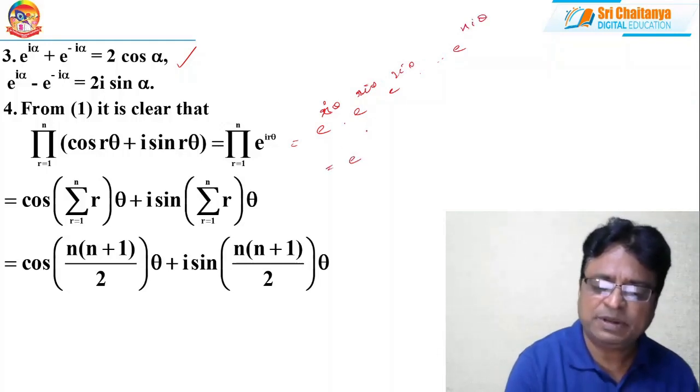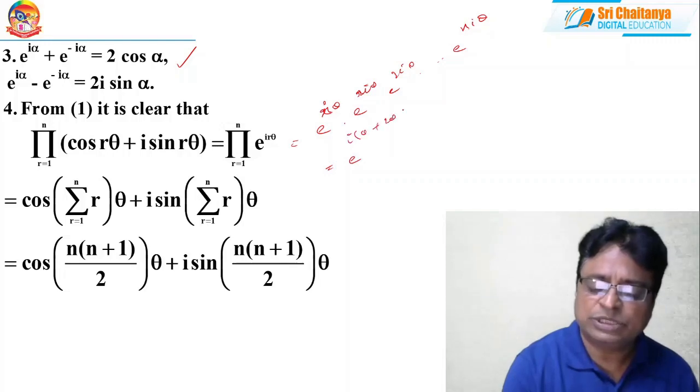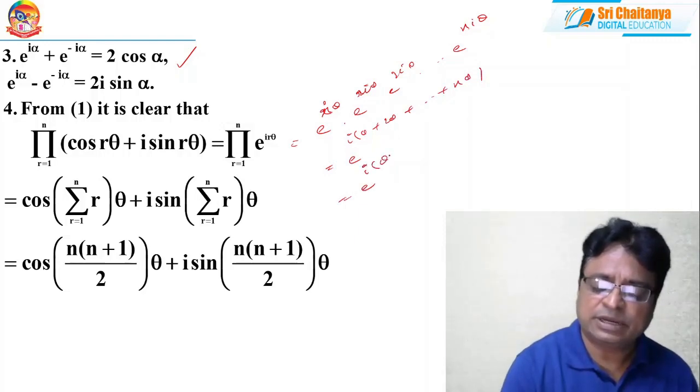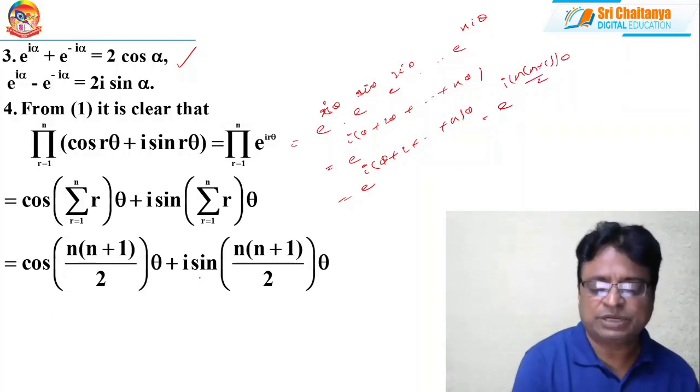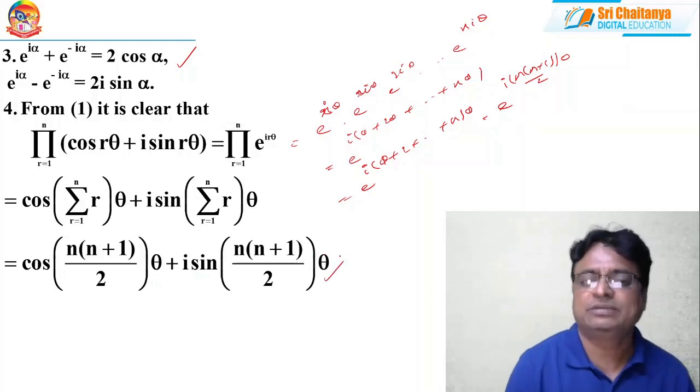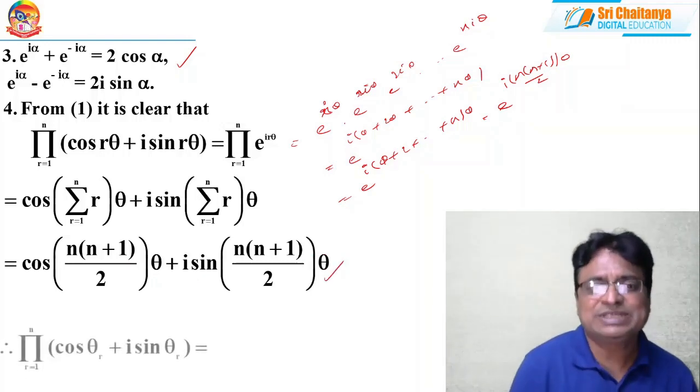That is e power i into (theta plus 2 theta and so on plus n theta), that is e power i into (1 plus 2 plus 3 and so on plus n) into theta, that is e power i into n(n plus 1) by 2 theta. That is cos of n(n plus 1) by 2 theta plus i sin of n(n plus 1) by 2 theta. Okay? So the same thing.